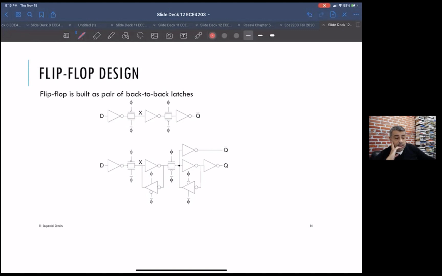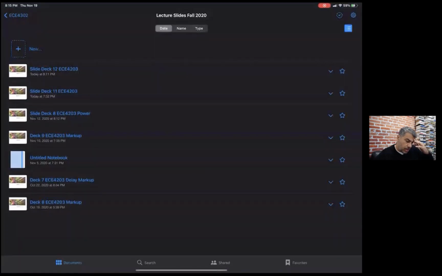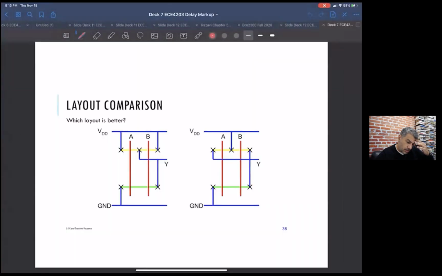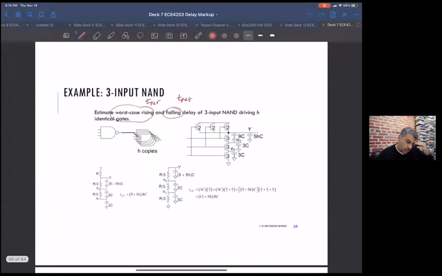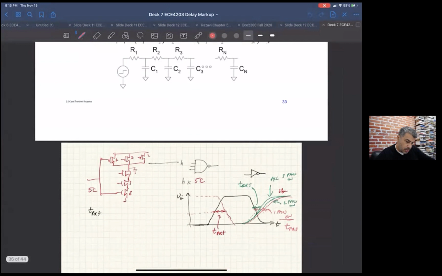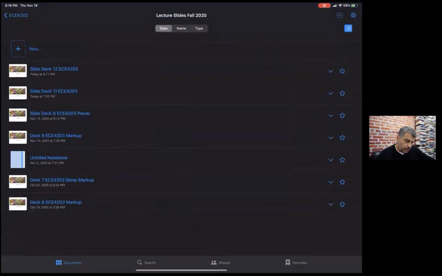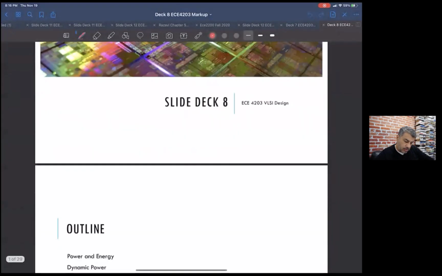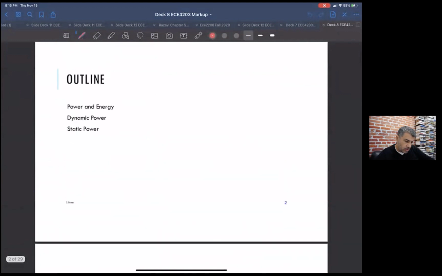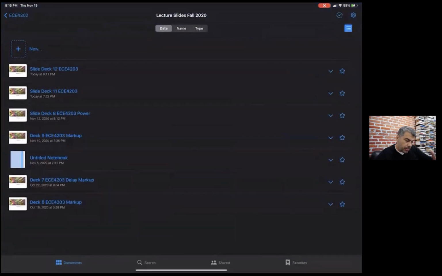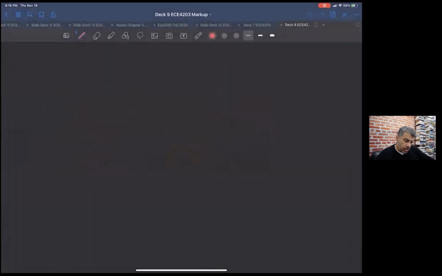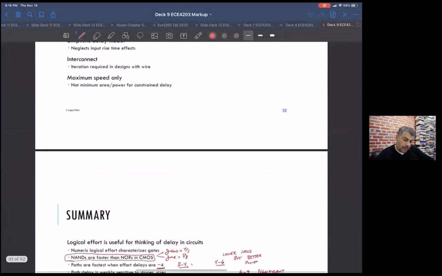So what I think the project will be, let's see, where were we? Oh, I stopped the Zoom. Do you remember from the logical effort discussion?